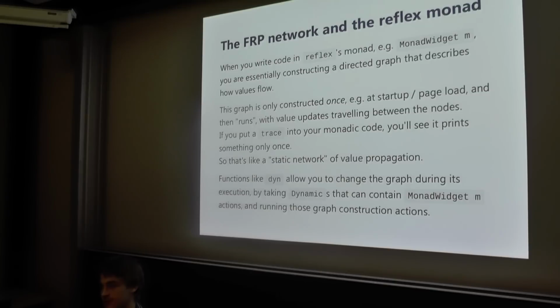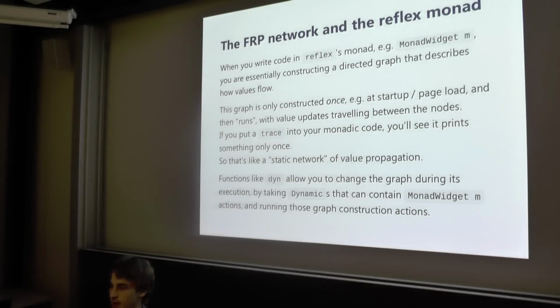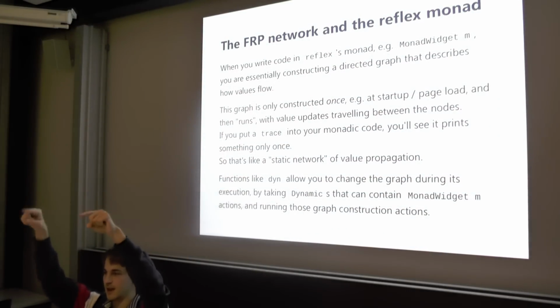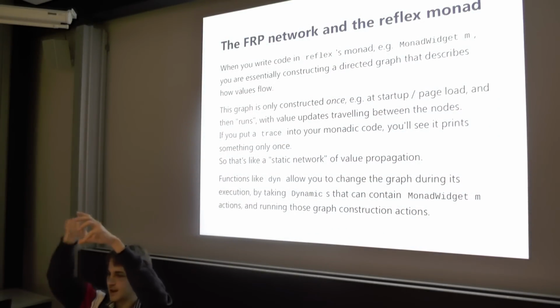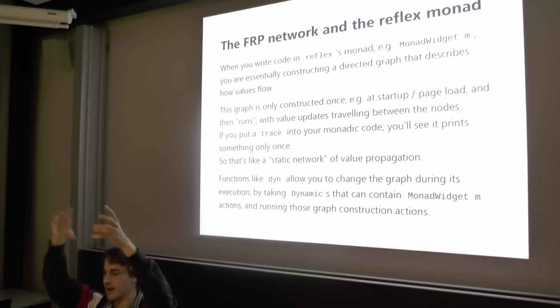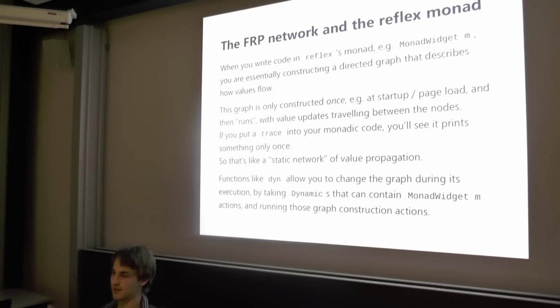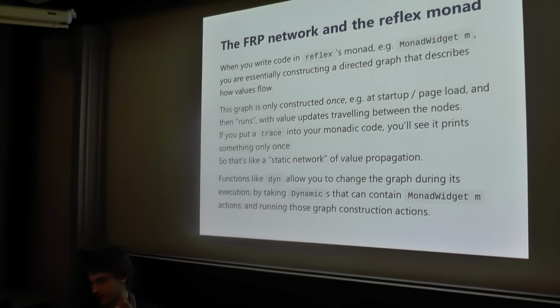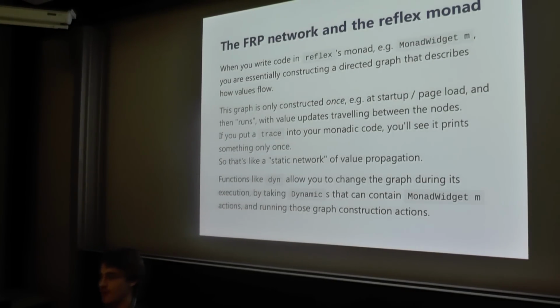This means that if you put a trace, or a liftIO print, for example, somewhere inside this monad, you will see that it only happens once, and not, as one might expect otherwise, every time some value is updated. Instead, you build the graph once, you give it to Reflex, and then Reflex will say, okay, every time something happens in this graph, I run these updates through the graph, and the values get passed around. So in some way, this monad builds you a static network of value propagations. But of course, this is somewhat restrictive, right?